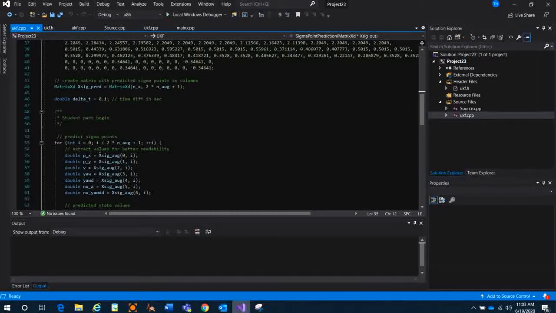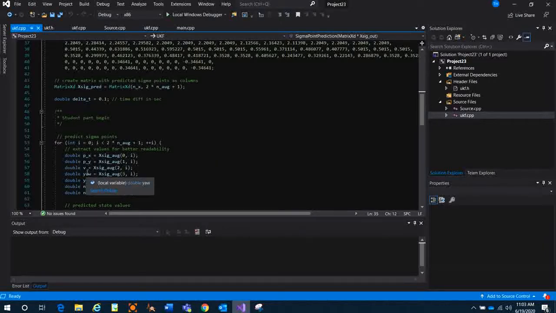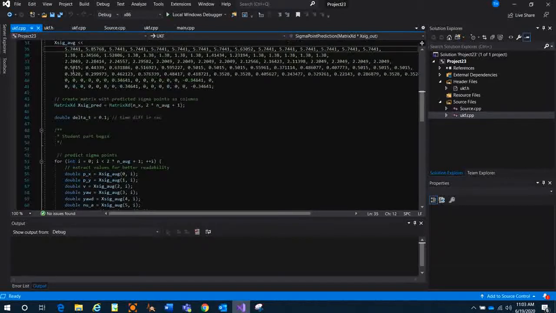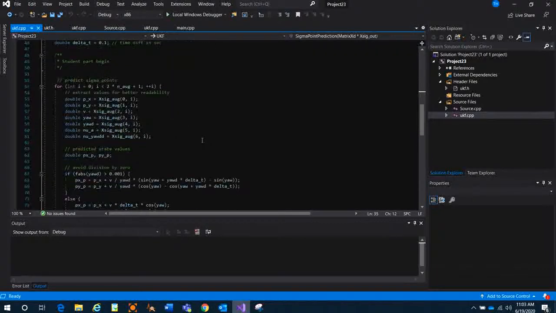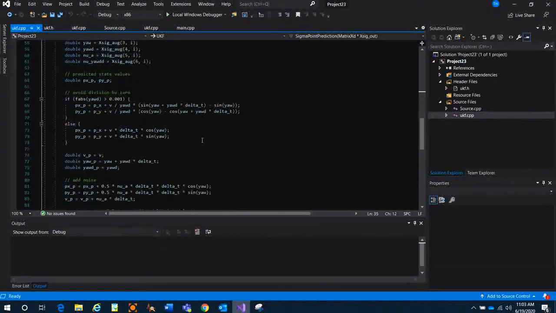We run the for loop from 0 to 15, and we get each value: PX, PY, V, yaw, yaw dot, nu A, and nu yaw dot right here. You see, we got each value from here. Okay, actually we only need the first 2 values, for the calculation of the prediction sigma point.